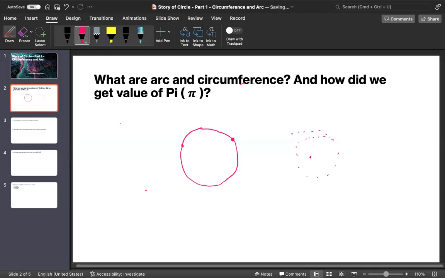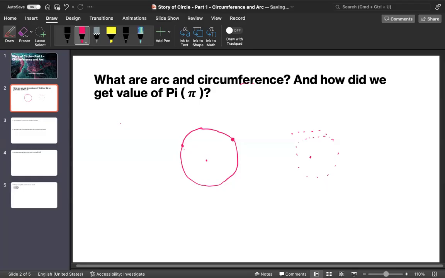So the value of pi. This is how the ancient Greeks did it before calculus was invented. So before we go on to pi, I'm going to tell you two basic things.